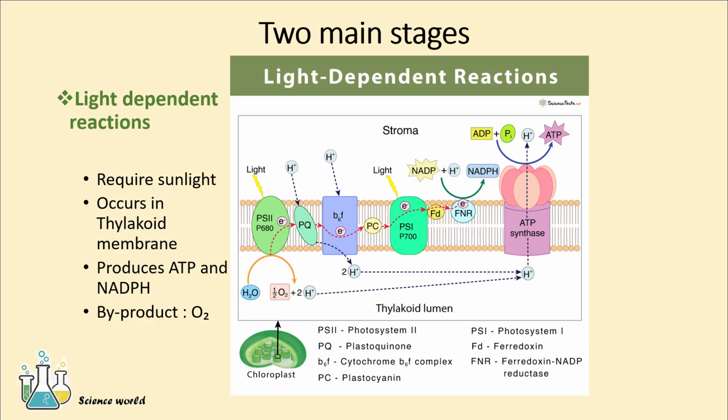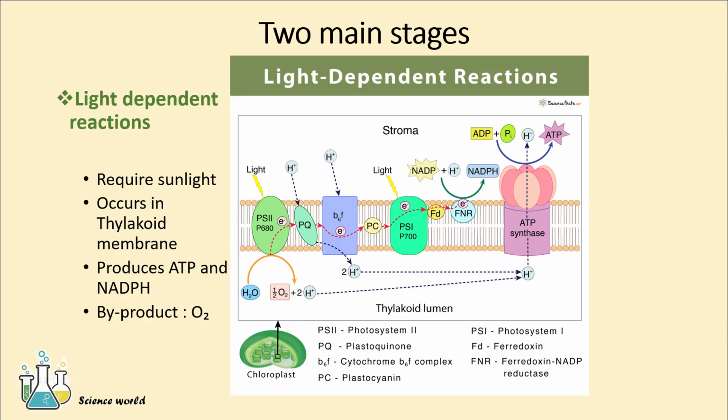So at the outside of the thylakoid membranes, NADP, which is known as nicotinamide adenine dinucleotide phosphate, accepts the incoming electrons and hydrogen ions from the stroma and becomes NADPH, which stores energy in the form of high energy electrons by reducing.